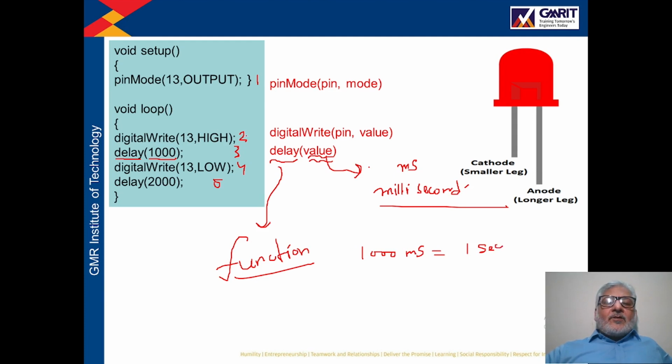Already, due to statement number 2, your LED is on, and after that there is a delay of 1000. So what will happen due to this delay function? Inside the Arduino board we have the ATmega328 IC. That IC is basically the processor that is processing all these statements.